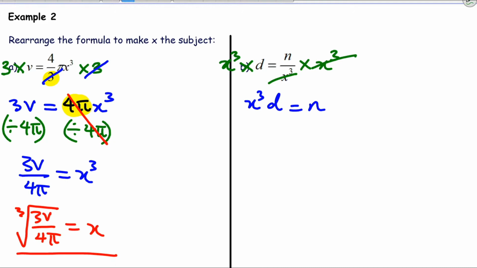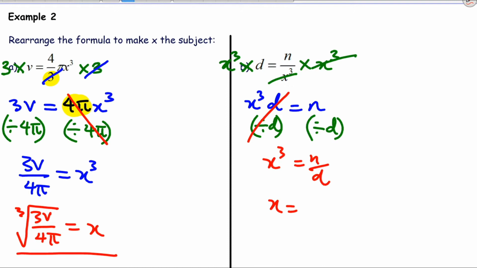And the next step is getting rid of the d, so divide by d on each side. d divided by d will be equal to 1, so we are left with x cubed is equal to n over d. And x alone will be the cube root of n over d, because the opposite of cubing is cube root.